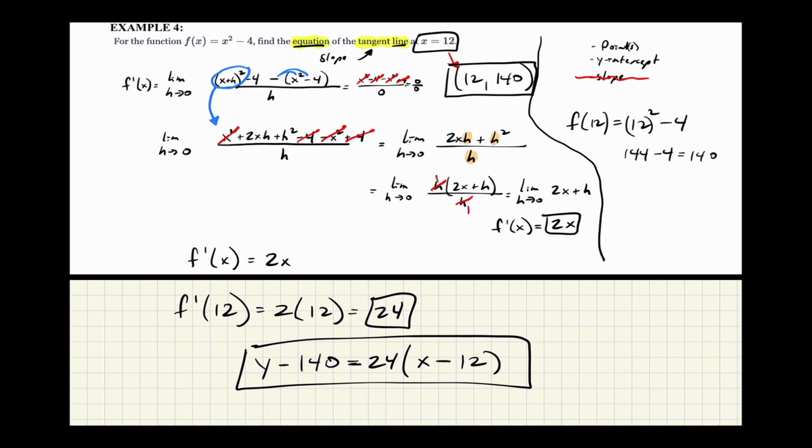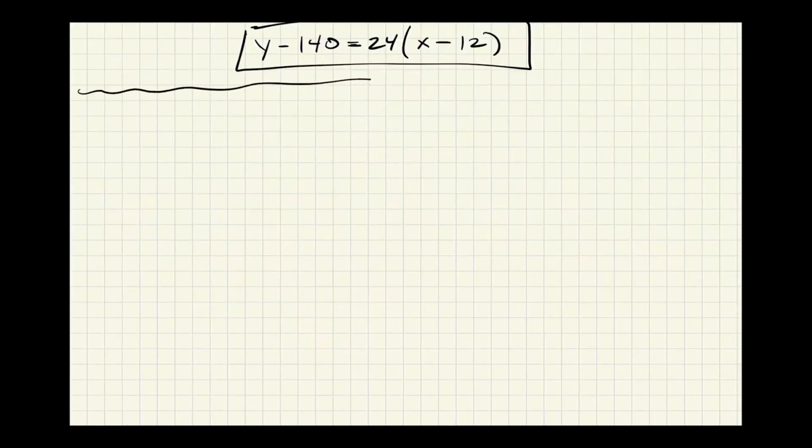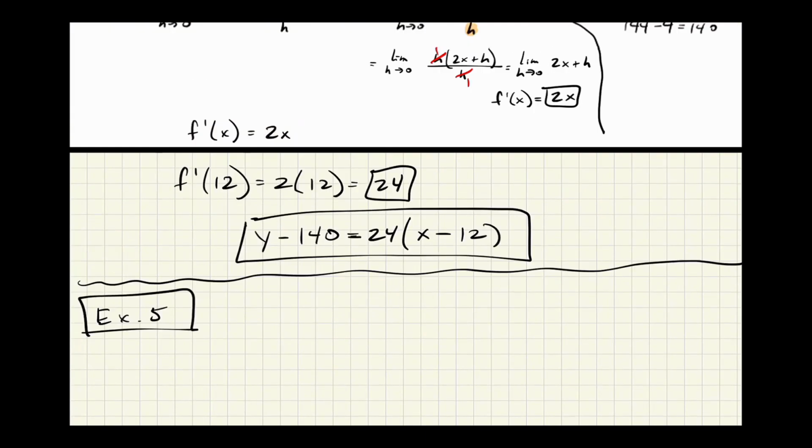There's not a lot of room on the notes because there was only one page, but find some room and I'll give you one more. Okay, call this example number 5.